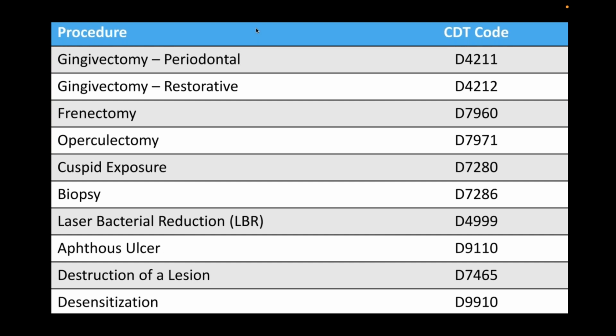We can even use them for some biopsies, or destroying a lesion, or aphthous ulcers. And again, like we spoke last time about laser bacterial reduction, when we're talking about laser assisted SRPs, we can use it for that. And then finally, we can also use them to desensitize.